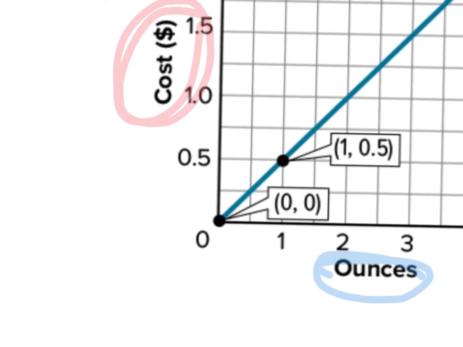If I look at this, if I go over 1 ounce, I'm going to go up by 0.5, which is 50 cents.